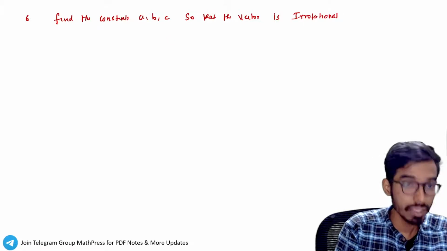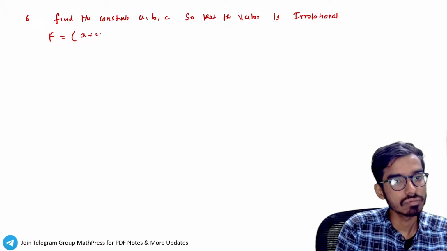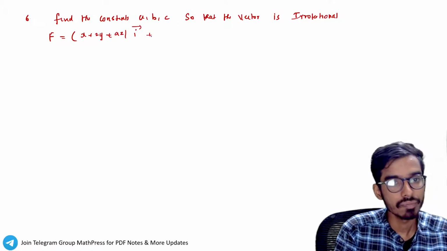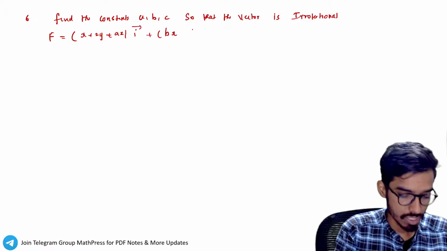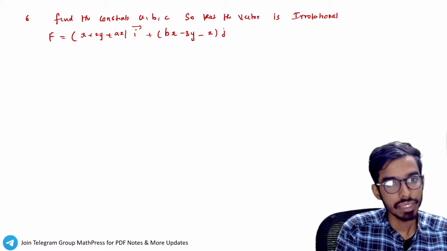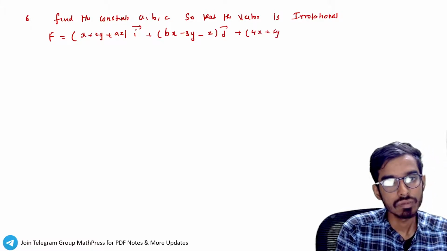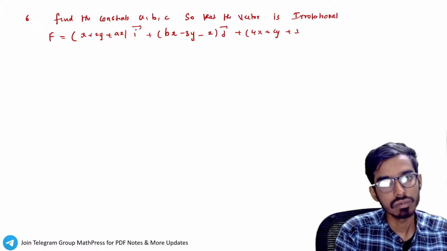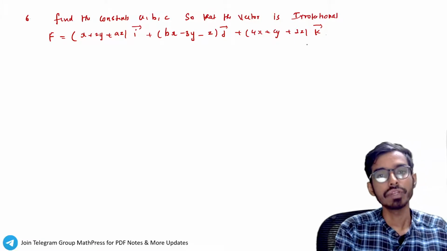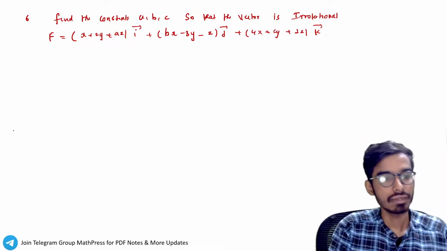The given f is equal to x plus 2y plus az i vector, bx minus 3y minus z into j vector, 4x plus cy plus 2z into k vector. So we need to find the constants a, b, c so that the vector is irrotational.